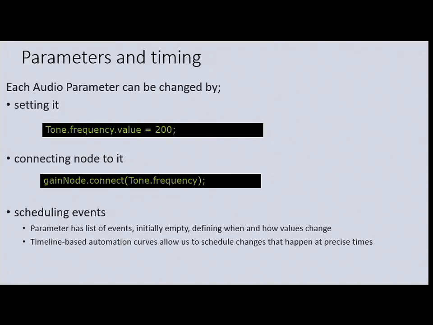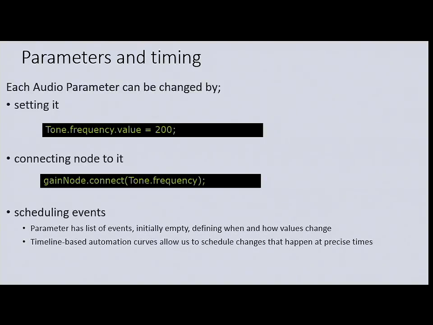So we look for a minute at parameters and their timing. All of these different nodes have parameters associated with them. For a gain node, you have a gain. For a constant source, you have its offset value, essentially the value of that constant, how much it's offset from 0. For an oscillator, you have a frequency and the type of oscillator it is, a square wave or a sine wave.